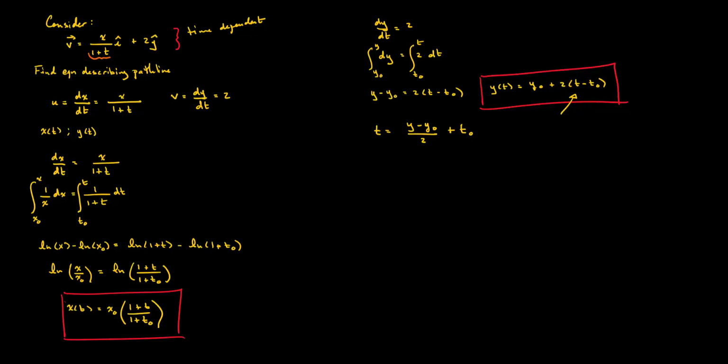Then we're going to substitute this expression for t into our x of t. So we're going to have x of t is equal to x naught over 1 plus t naught multiplied by 1 plus t, where t is y minus y naught divided by 2 plus t naught.